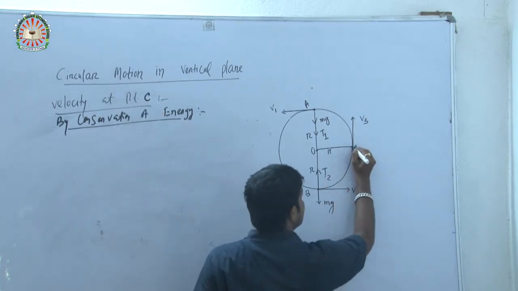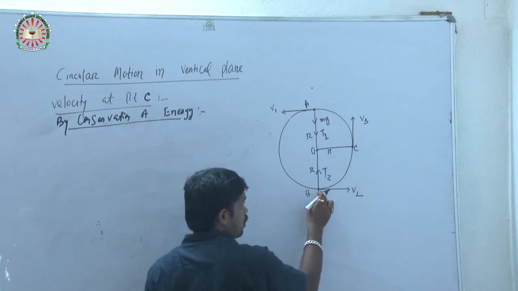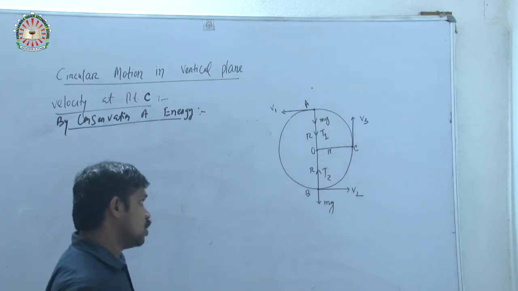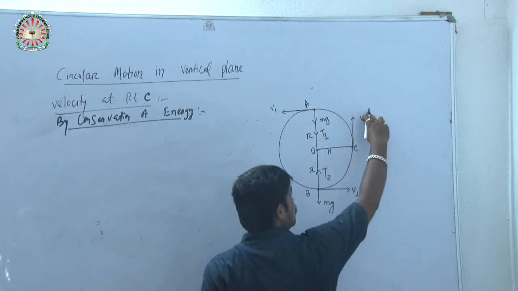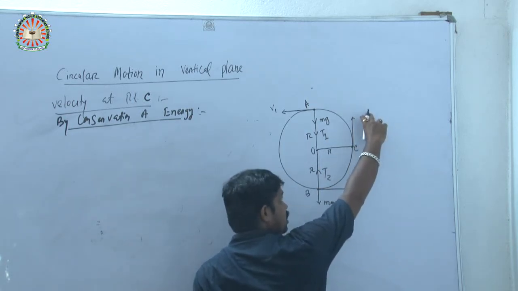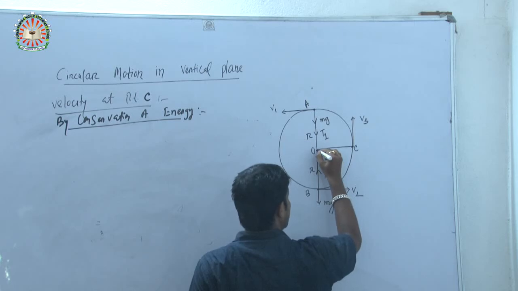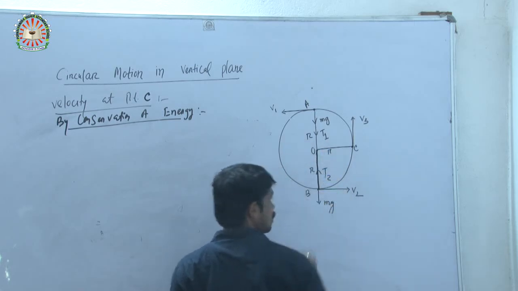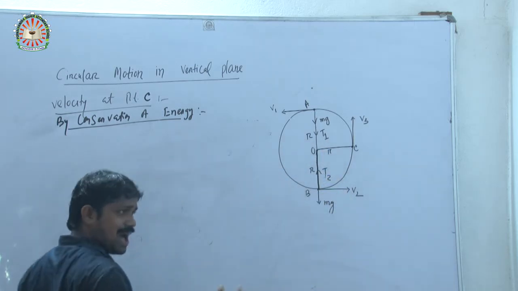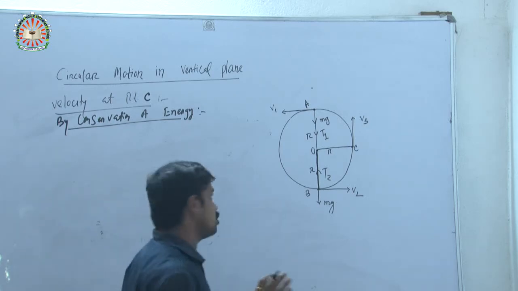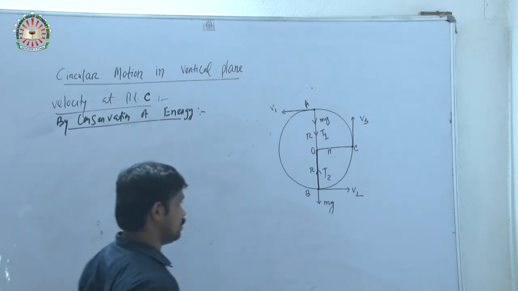So this is my midpoint position. When I go from the bottom to top, you will place the midpoint position at C, where the velocity should be v3. Listen very carefully. So when the object is moving from this to this, how much vertical distance will it cover? R. Very simple. How much vertical distance will it cover? R. That means here also we have to apply the conservation of energy principle.